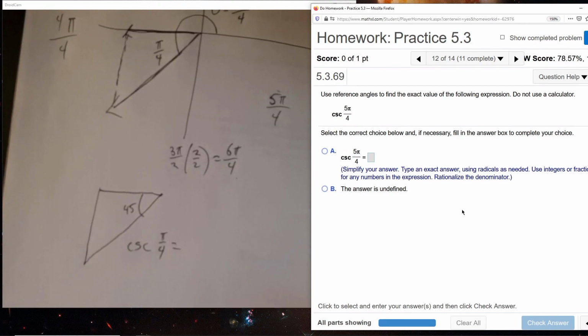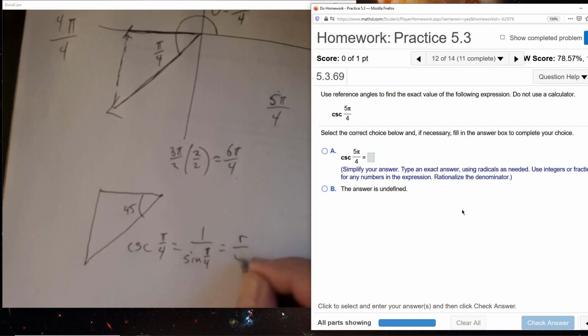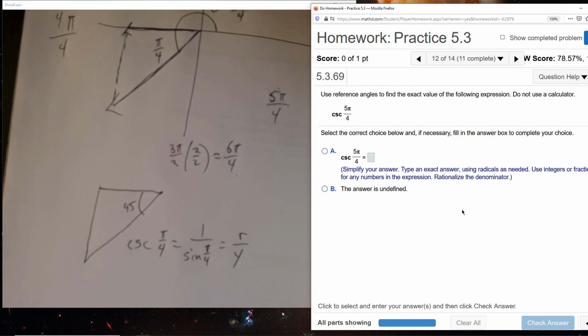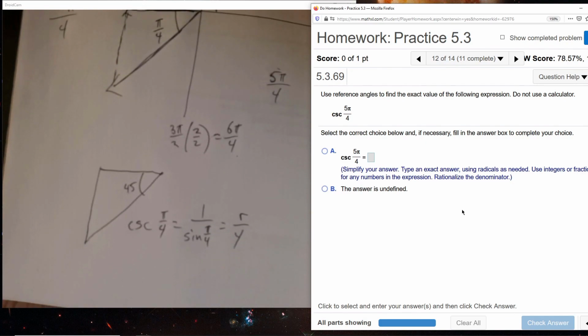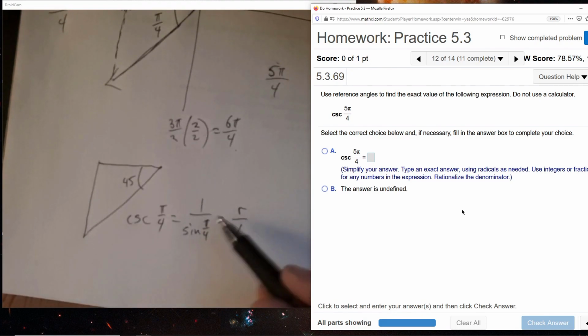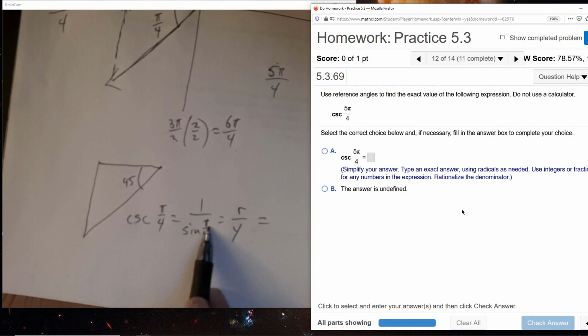Remember, cosecant is the reciprocal of sine, and sine is y over r, and so the reciprocal is r over y. We also know what sine pi over 4 is.